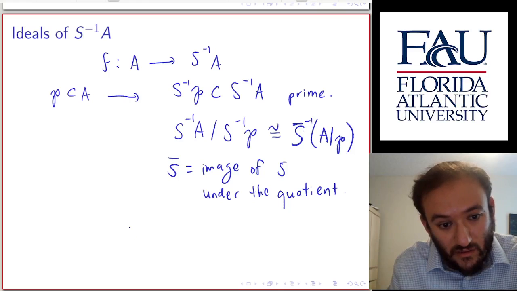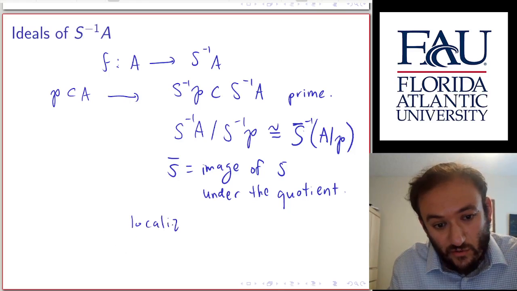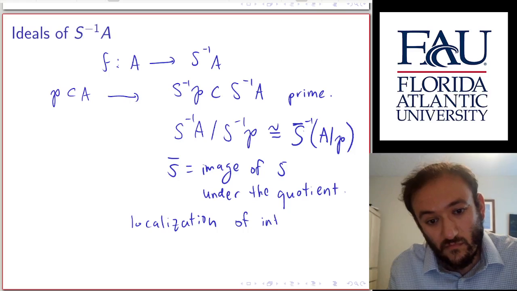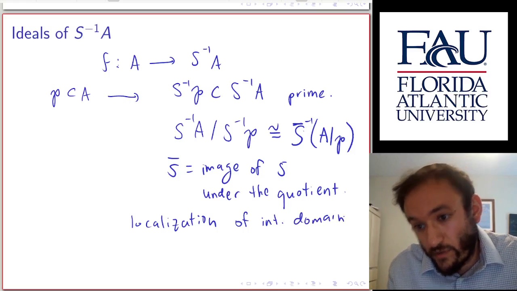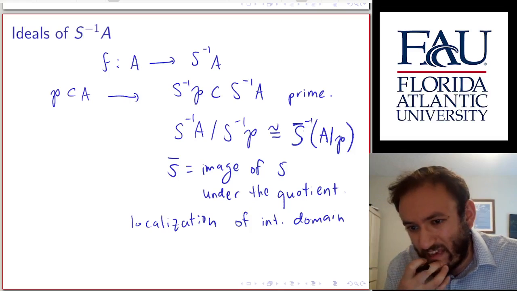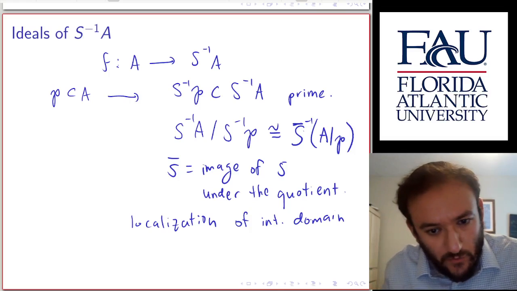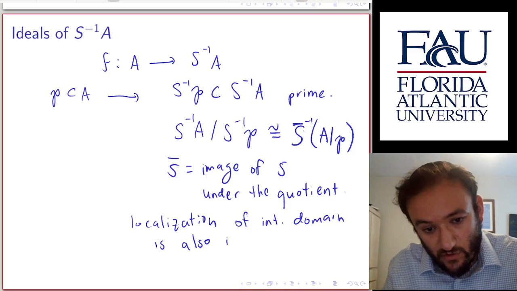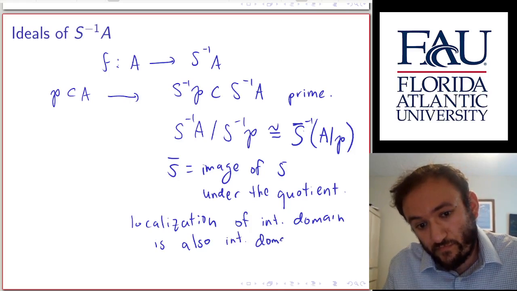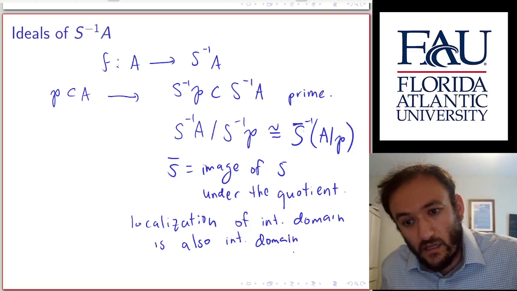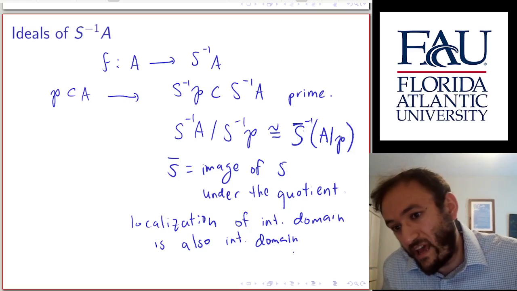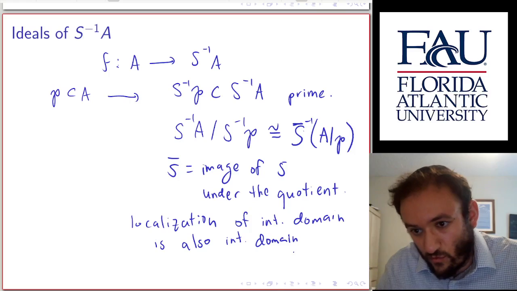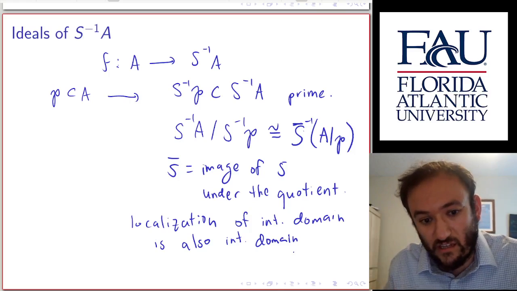The localization of an integral domain is also an integral domain, and you can convince yourself of that by thinking about where zero divisors would come from. Or it's zero, and that would happen if you tried to invert zero, because then the whole ring would just vanish, get eaten up by zero.